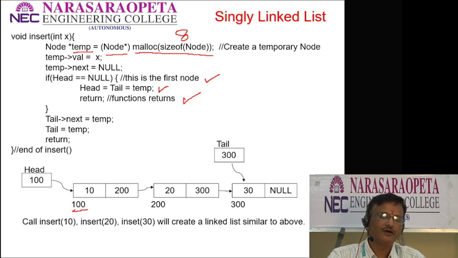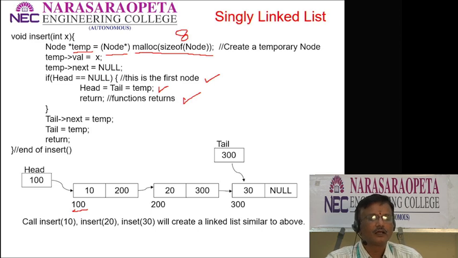Assume that I have called the same function using 20. Now what I have passed is the value 20. So what will happen? Again, it creates a temporary node, temp.